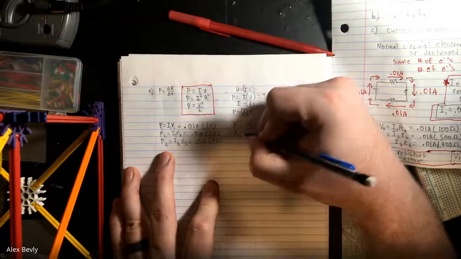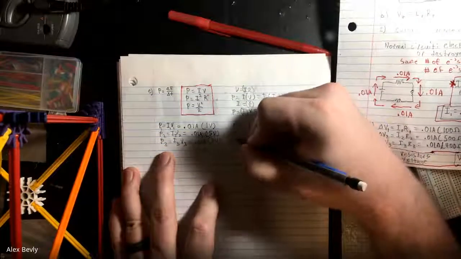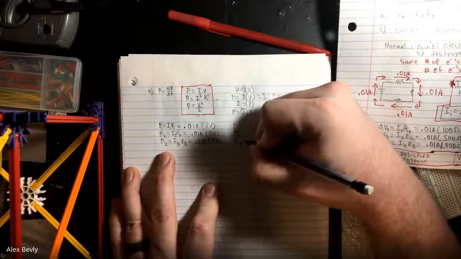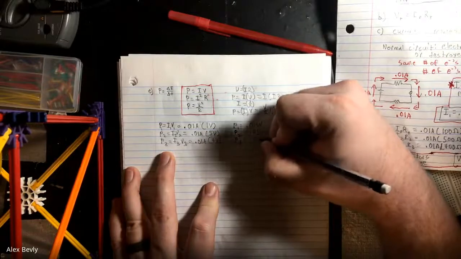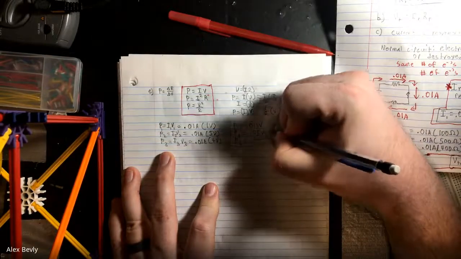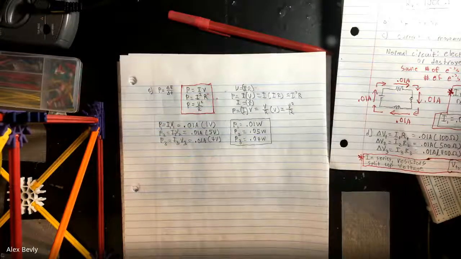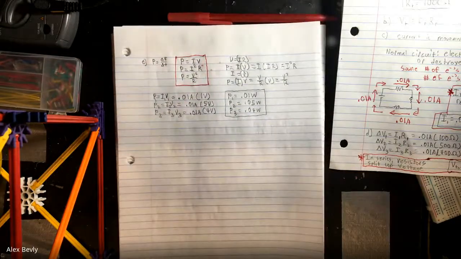So power 2 is going to be 0.05 watts. Power across 3 is going to be 0.04 watts. Nothing too crazy about that, just plugging in some values to the equation.